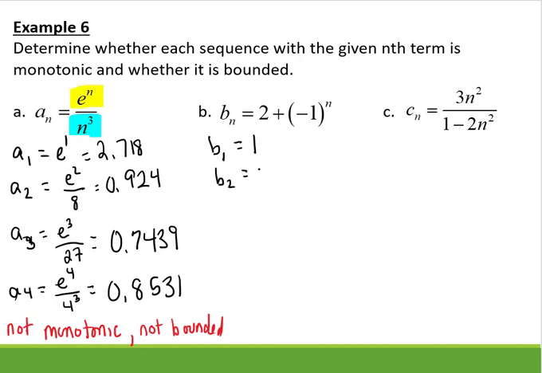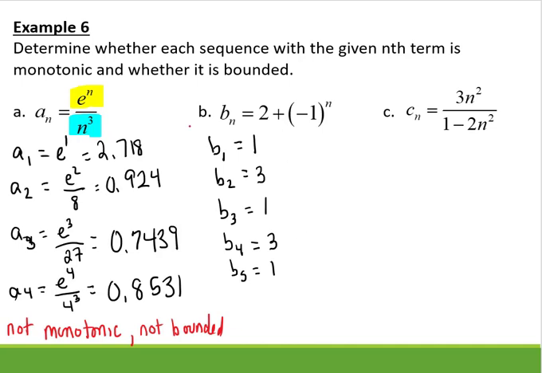If I plug in 3, if I plug in 4. So you're kind of oscillating between all these terms, and hopefully you see that pattern. Because this is going to be a -1 now, I would have a 1 if it was 6. So we are not monotonic. It is not all decreasing or increasing.